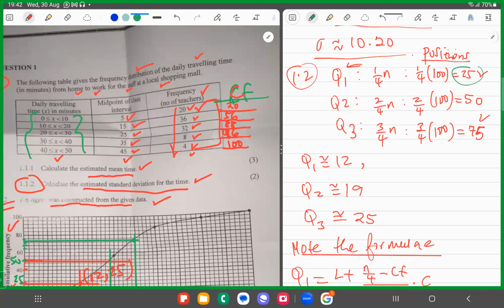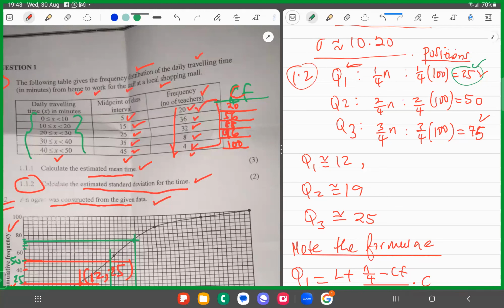With that being said, we're able to continue and say Q1 is at position 25. The value of the 25th observation in the cumulative frequency column lies in, what?